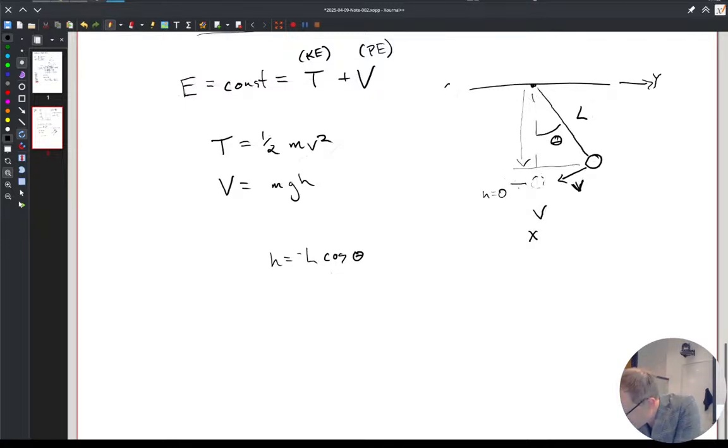Like this one, if this is H equals 0 down here, L minus L cosine theta.